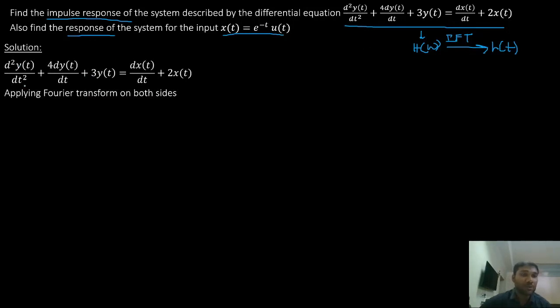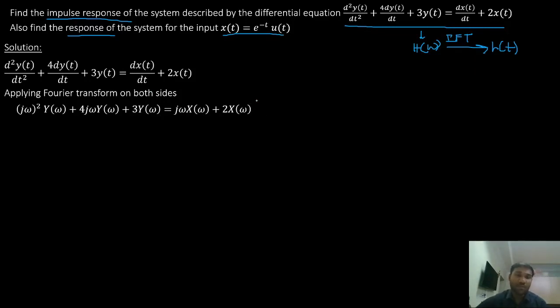The corresponding Fourier transform is j omega whole square into y of omega, plus 4, a constant, times d by dt of y of t, whose Fourier transform is j omega into y of omega, plus 3, a constant, times the Fourier transform of y of t, which is y of omega. That is equal to j omega into x of omega plus 2 into x of omega.